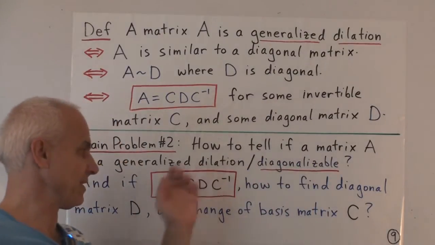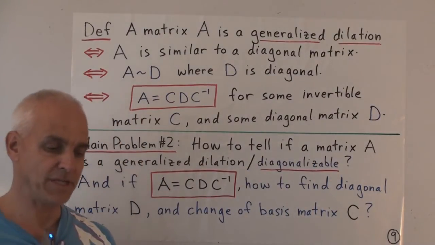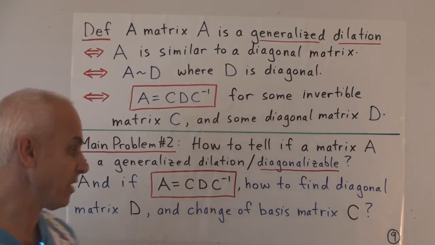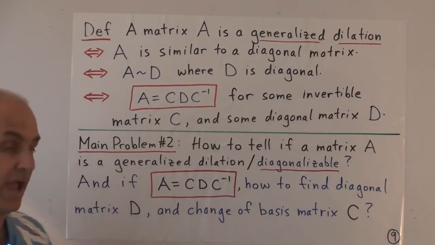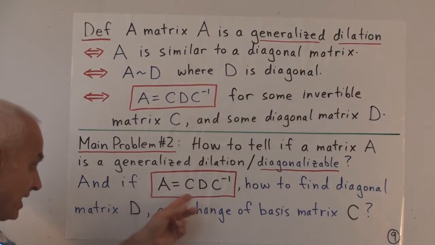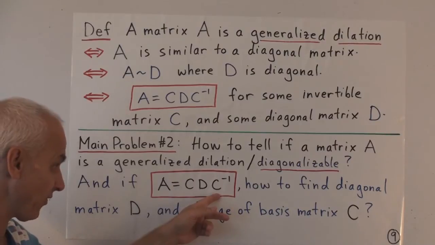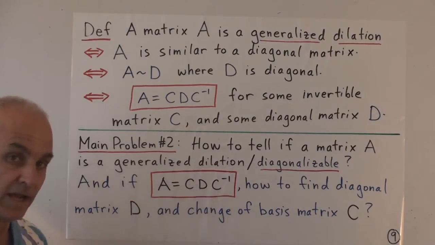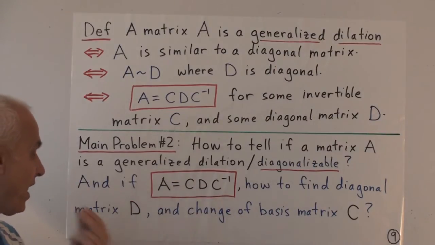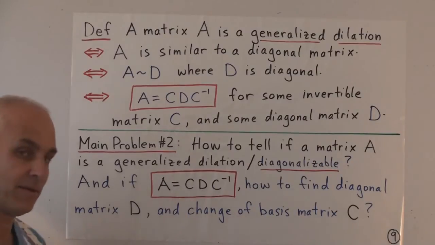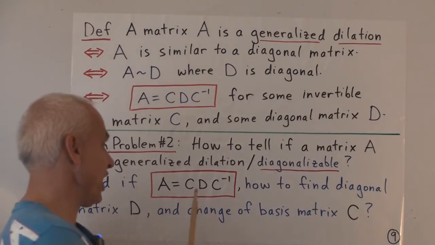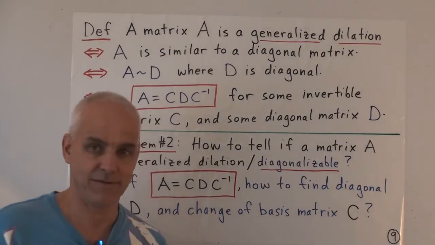So that just means exactly the same thing. How do we tell if a matrix A is diagonalizable? And if it is diagonalizable, so if we can write it as C times D times C inverse, where D is a diagonal matrix, then how do you find the diagonal matrix D? And how do you find the change of basis matrix C?